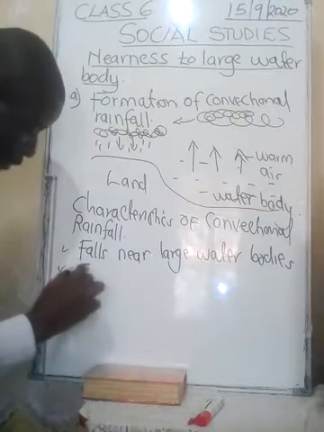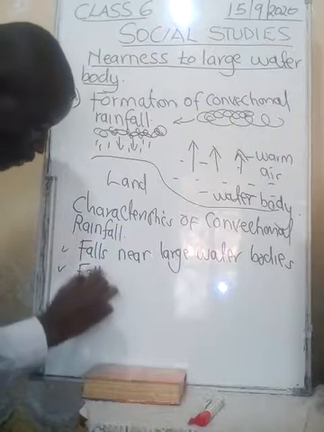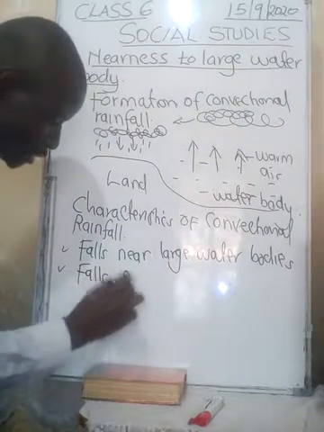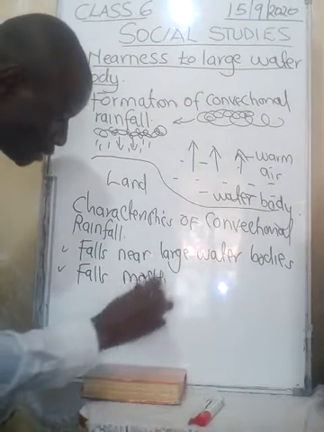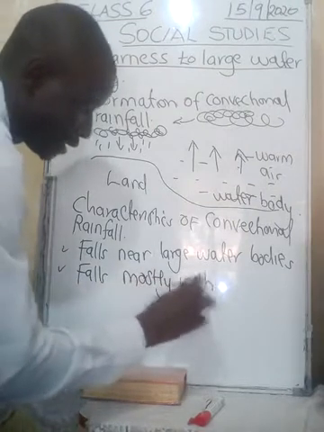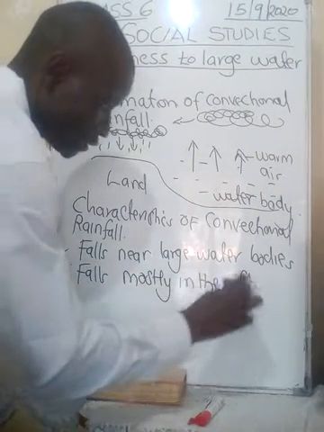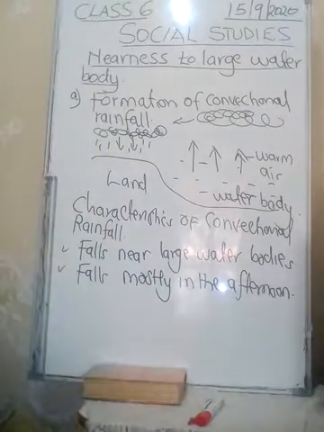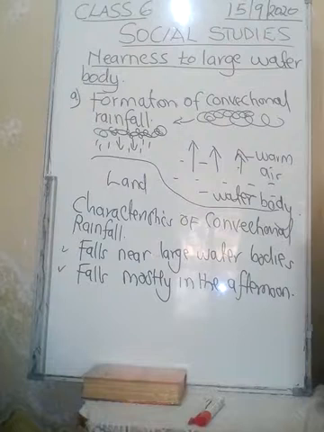Number two, we say that it falls in the afternoon. This rainfall mostly falls in the afternoon. So that's one of the characteristics. Number three, heavy downpour which may have hailstorms.